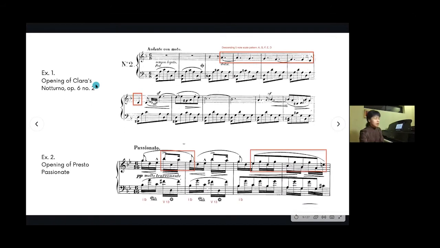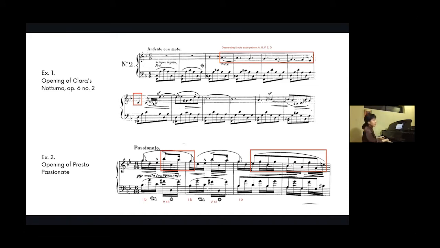So we're going to study Clara's piece. I'm going to play it for you so you see the resemblance to the opening, which is sometimes called Andantino. It's very clear.